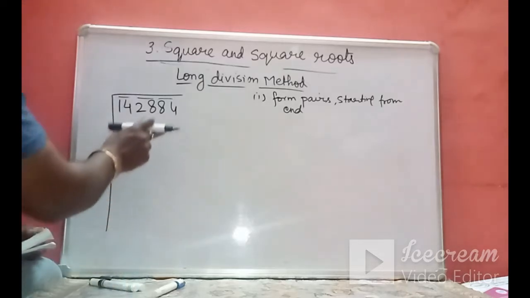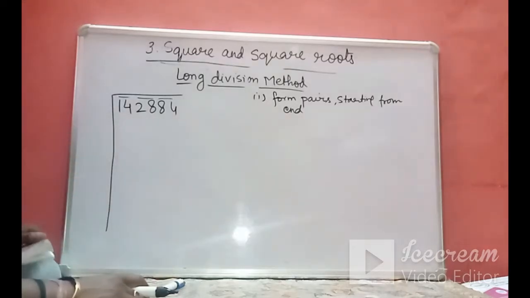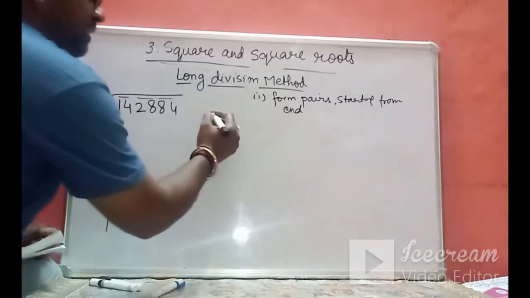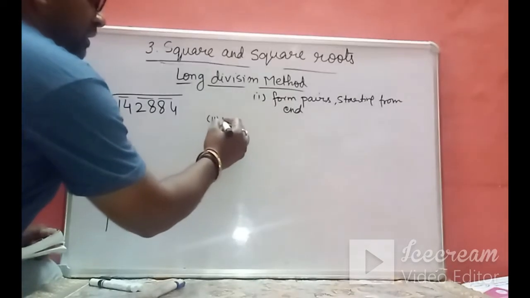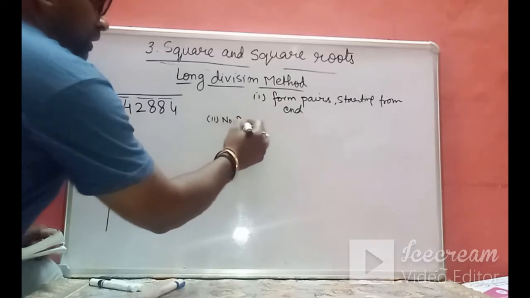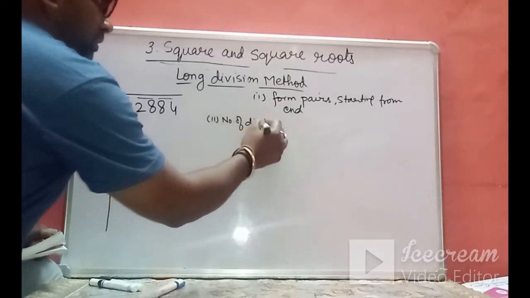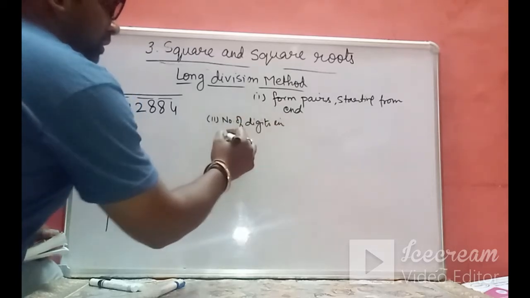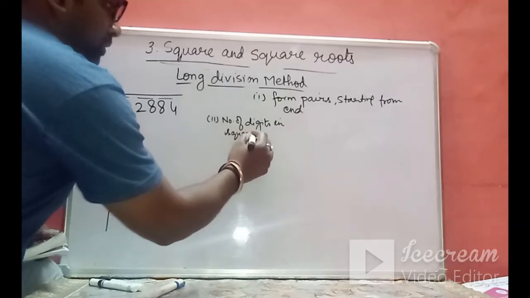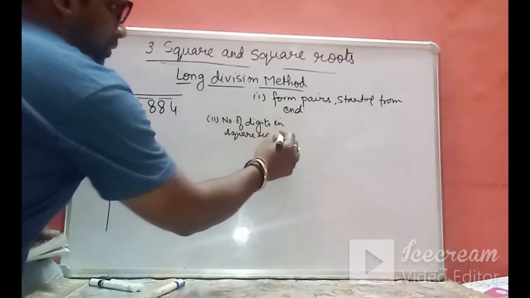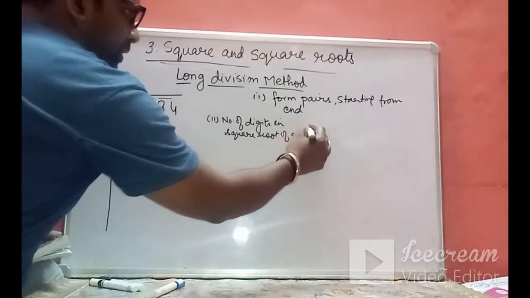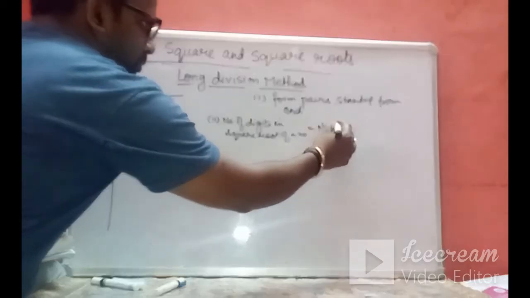Just by forming the pairs we can estimate the number of digits in the square root of that number. The number of digits in the square root of a number will be equal to the number of pairs.